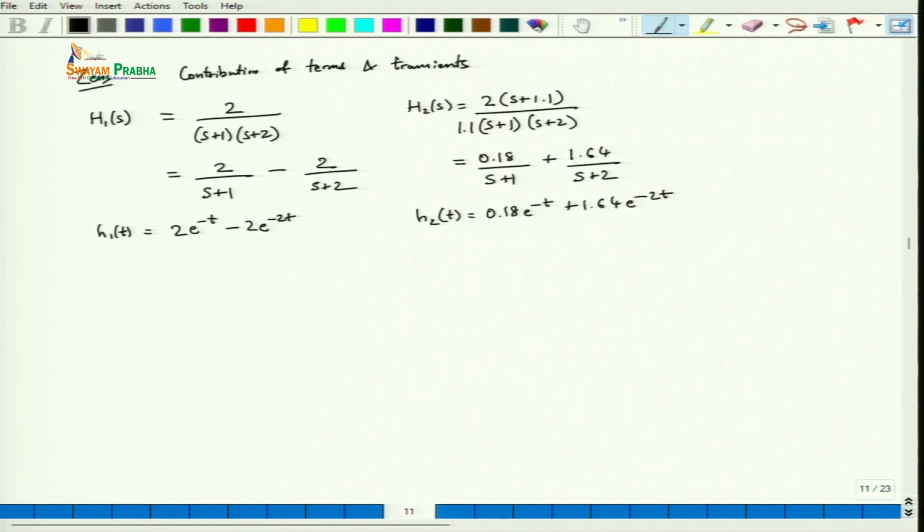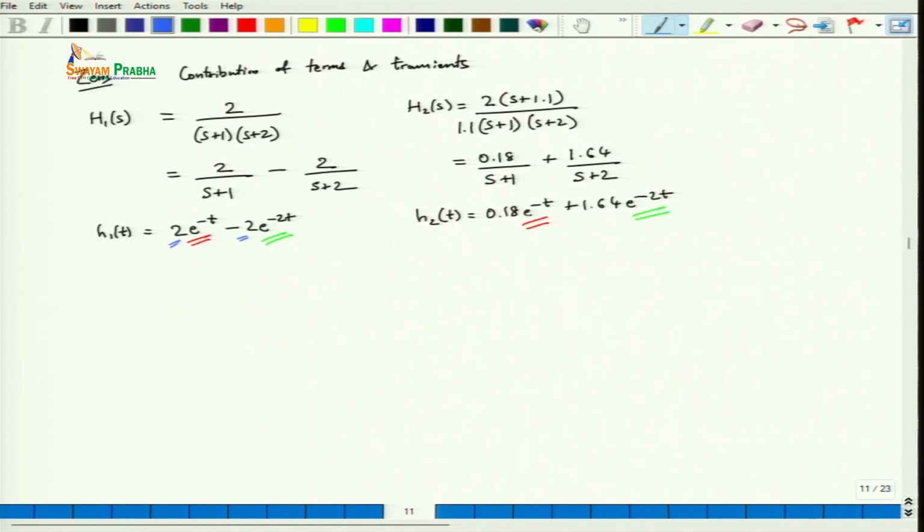So, now let us compare these two particular responses. So, the exponential part here remains the same, and that is true because the poles are the same. But if you now look at what happens to the coefficients, the contribution of the coefficients is changed. So, if we neglect the negative sign, here they have more or less the same magnitude, right.